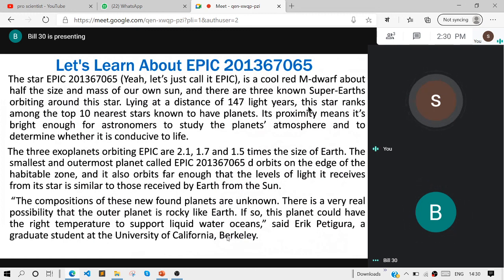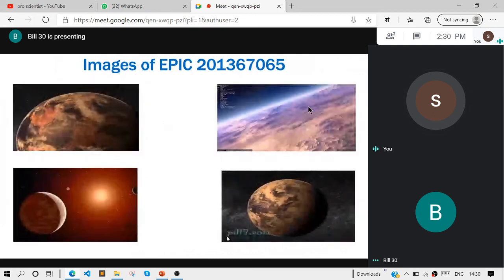So that's it, and our final conclusion is Epic 201367065, but we'll call it Epic. So this planet can have life. There is a star with a planet orbiting it, and the name of the planet and the name of the star are the same, so don't get confused.